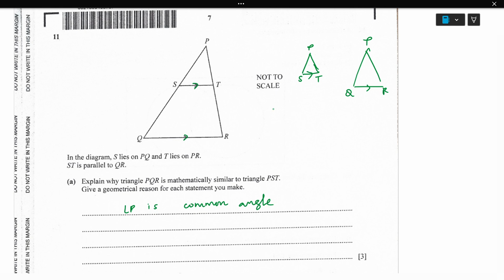Next, two lines are parallel, so this angle and this angle are equal because they are corresponding angles. So we can write angle PST equals angle PQR, which is a corresponding angle.